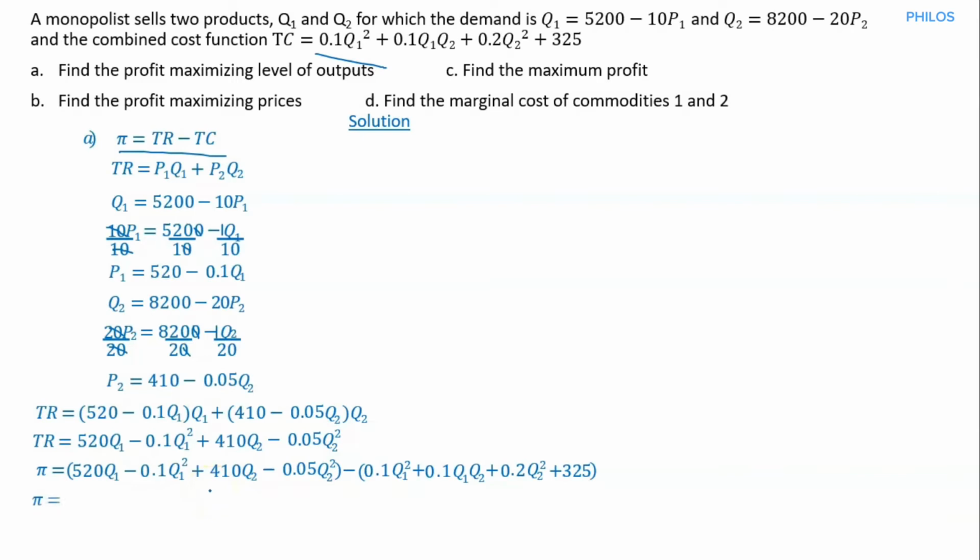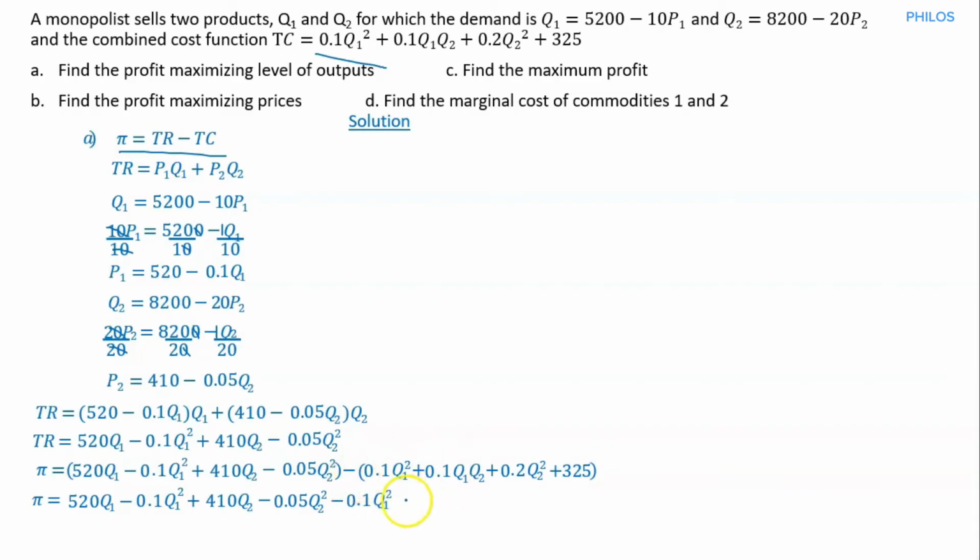So profit will now be equal to, we want to simplify the entire bracket. 520 Q1 minus 0.1 Q1 squared plus 410 Q2 minus 0.05 Q2 squared. Then negative times this will make it negative 0.1 Q1 squared.